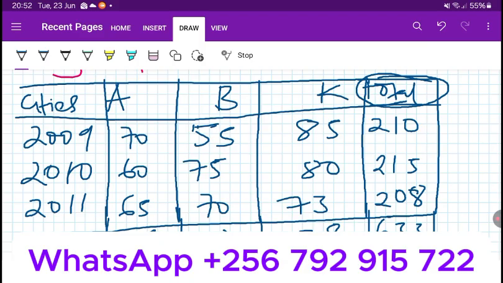So depending on the question, if they tell you they want to show maybe the cases, the crime rates against the years or against the cities, you plot according to how the examiner has asked the question. So if they bring a question like that, and they tell you they want a compound, then the totals are useless, or they are not useful at the moment.